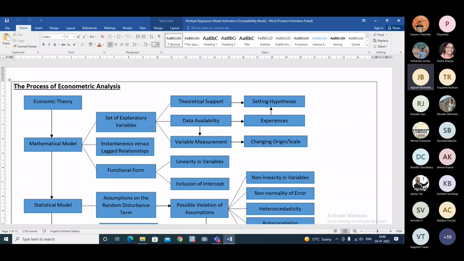Is it necessary that we should always write yi is equal to alpha plus beta xi plus e? What is the role of the intercept in regression analysis or econometric analysis?